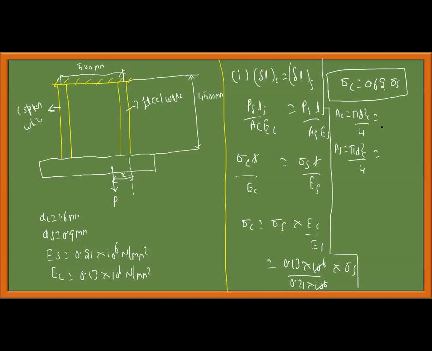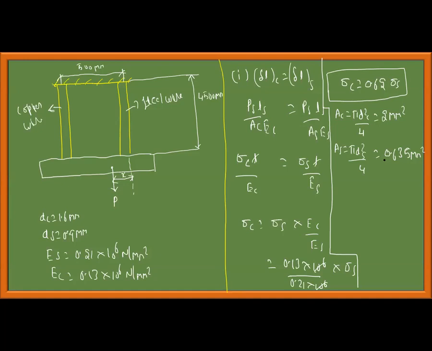Area of copper is 2 mm square. Area of steel is 0.635 mm square.